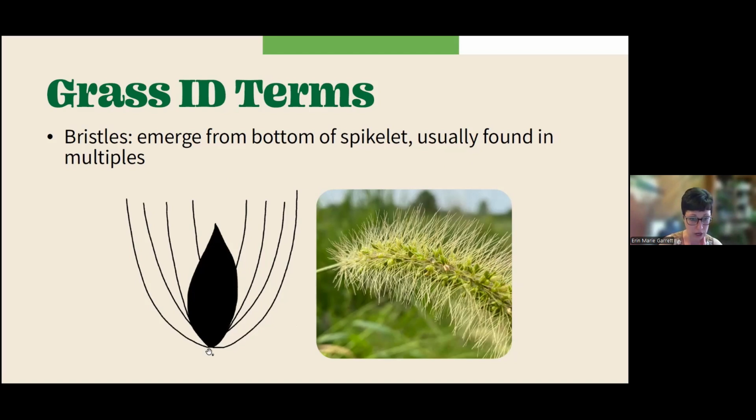So in my drawing here, this is the portion of the spikelet that would be attached to the rachis. And you can see that we have multiple different bristles emerging from the base. You're going to see this in something like a foxtail, very common. So if you were to pluck away a few spikelets, you'd see a little nest of bristles that came with it underneath.